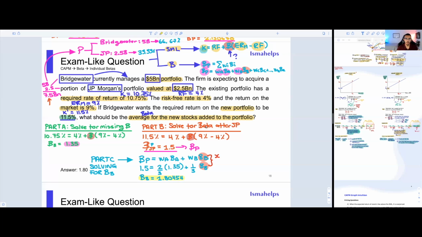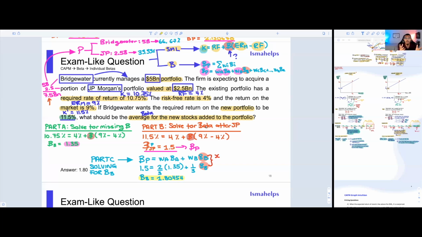That's amazing news. And what's even better is that, well, if we look at our formula for the portfolio beta, we actually have a bunch of information. We have the portfolio beta, which we solved in part B. Then we have the weight of A and the weight of B just by reading the question. And of course, we are only missing one part.